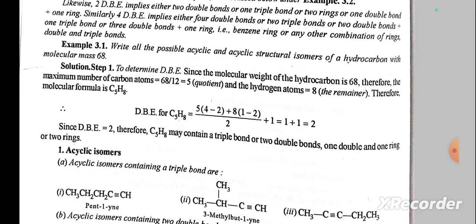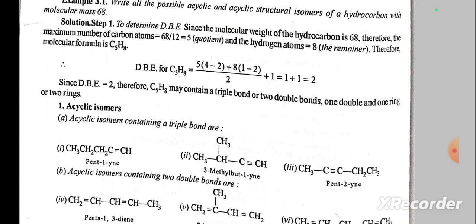Therefore, the molecular formula is C5H8. DBE for C5H8 is equal to [5 × (4 minus 2) plus 8 × (1 minus 2)] divided by 2 plus 1, which is equal to 2. DBE is equal to 2.